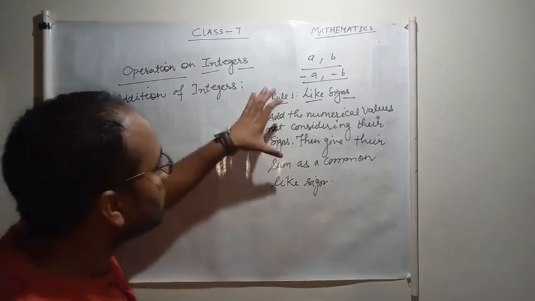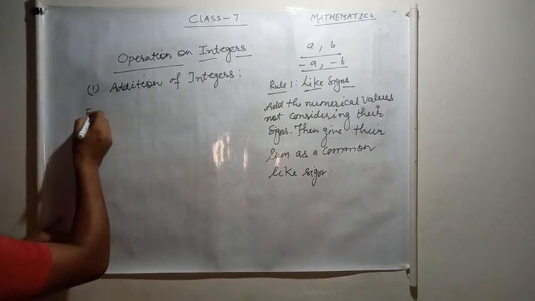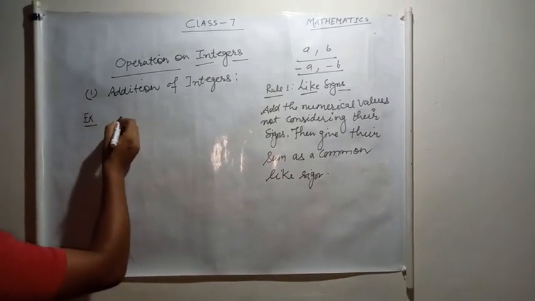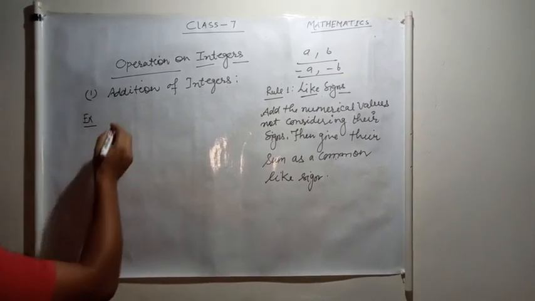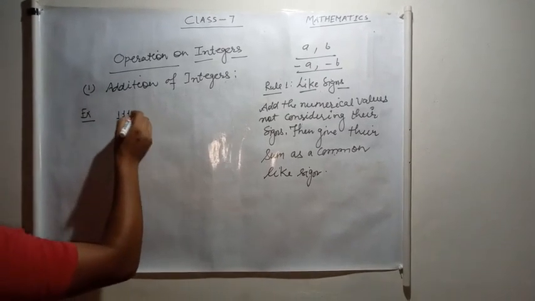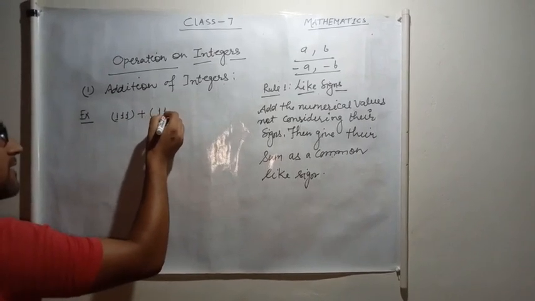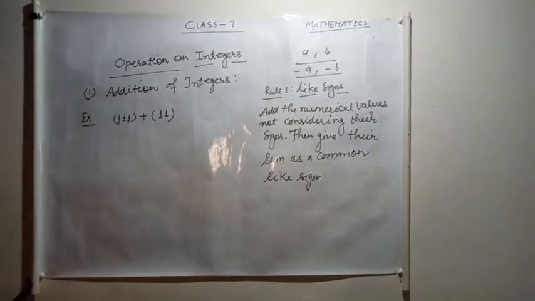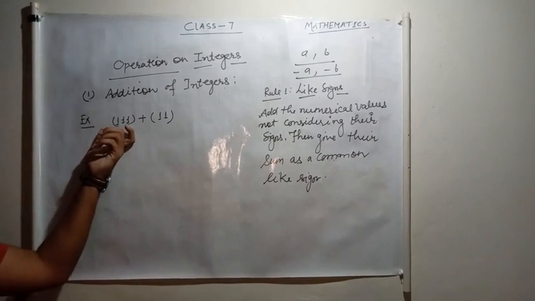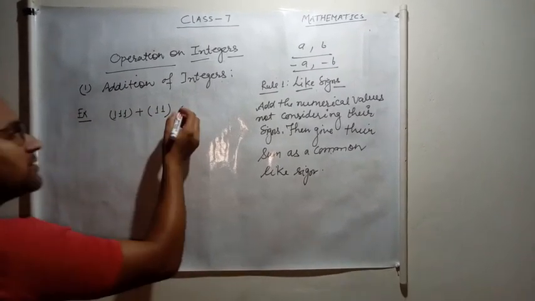So by using this rule I'm going to solve some examples. First example, taking two integers: 111 plus 11. Here 111 is positive and 11 is also positive.